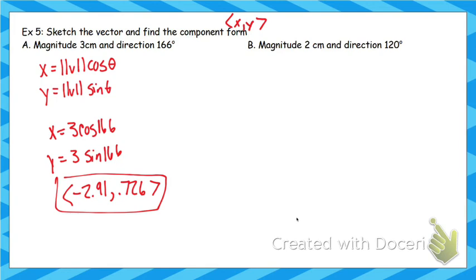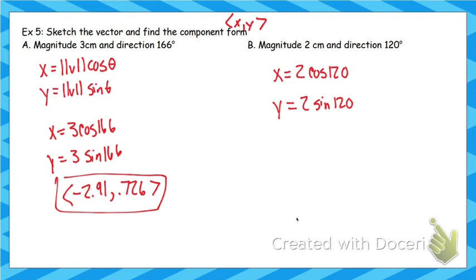All right, let's try another one. Magnitude and direction. So my x component would be 2 cosine 120. The y component would be 2 sine 120. This one you don't have to use a calculator for, because that is one of your unit circle values. But if you use a calculator, that's okay. We are going to have a calculator for this whole unit.